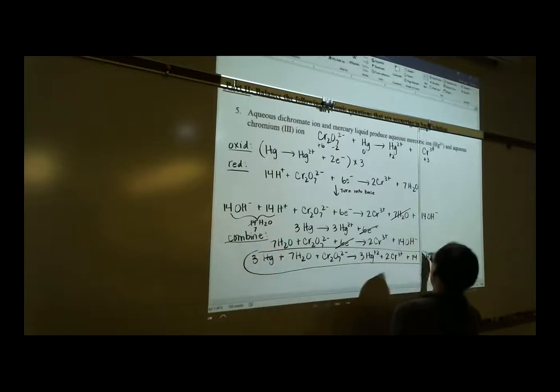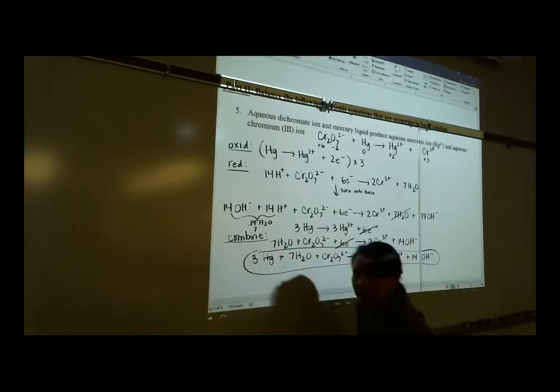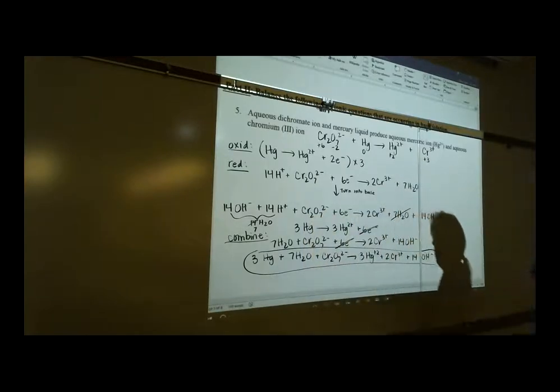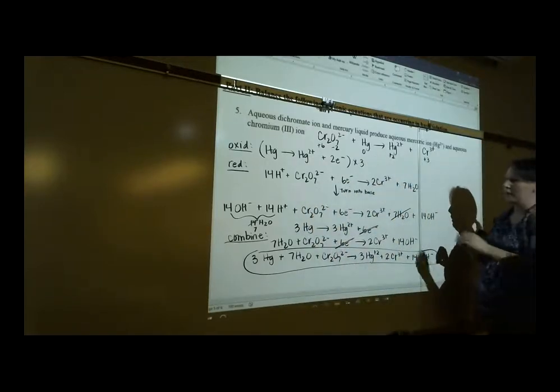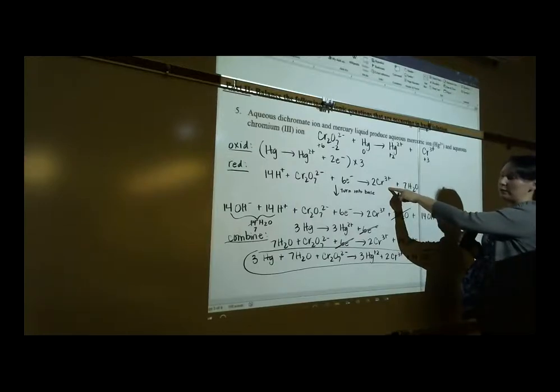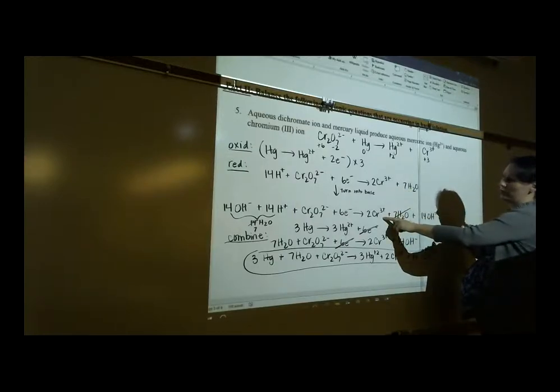And I know that this is being performed in base because there's no H+, right? You will not have any H+ anytime you deal with a base solution. So there's my final balanced equation. The only difference between acid and base is that you treat it like it's acid first, and then you do a modification to make it into a base.